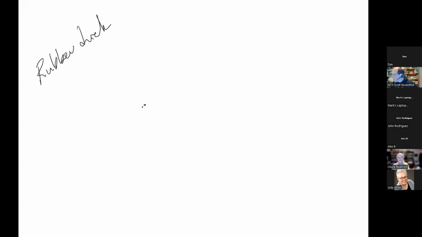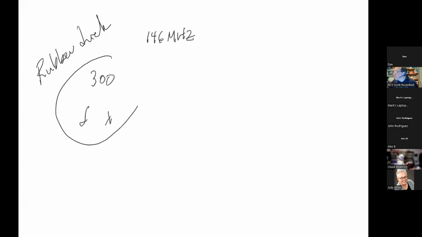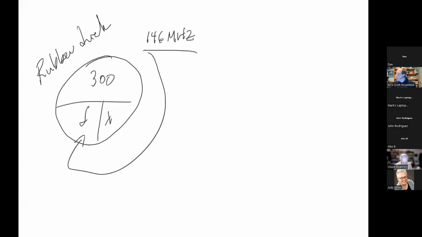Okay, so we know we're going to do a calculation here. We're going to pick 146 megahertz. Is everybody ready to do some math? 300 over F gives lambda. Okay, we have our frequency right there. 300 divided by 146 is 2.05 meters.